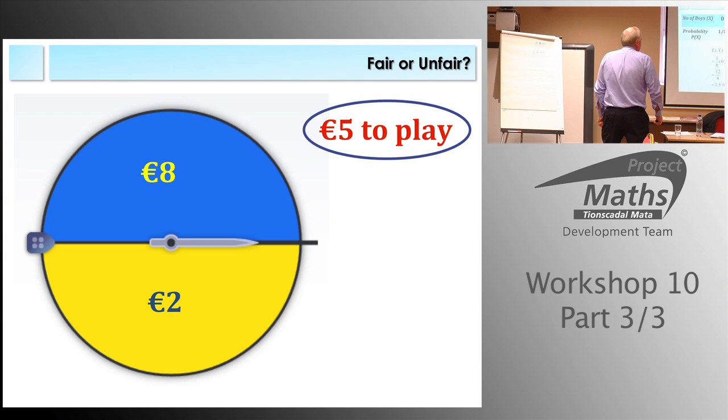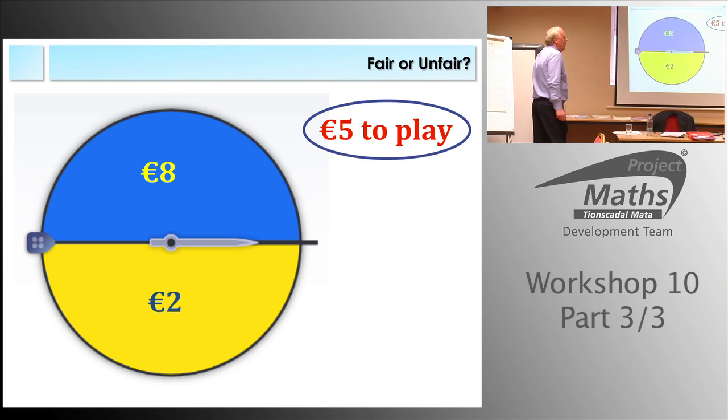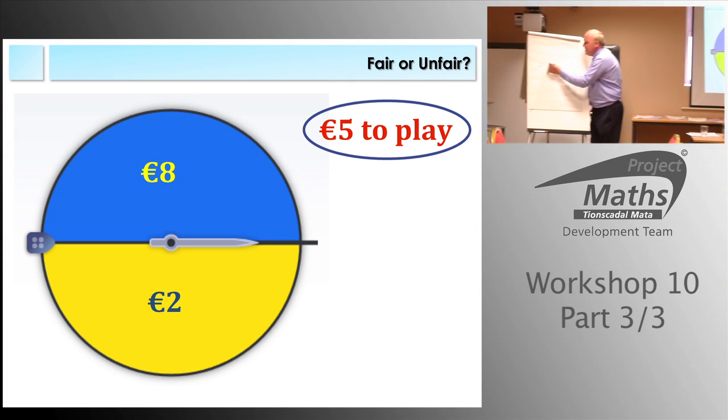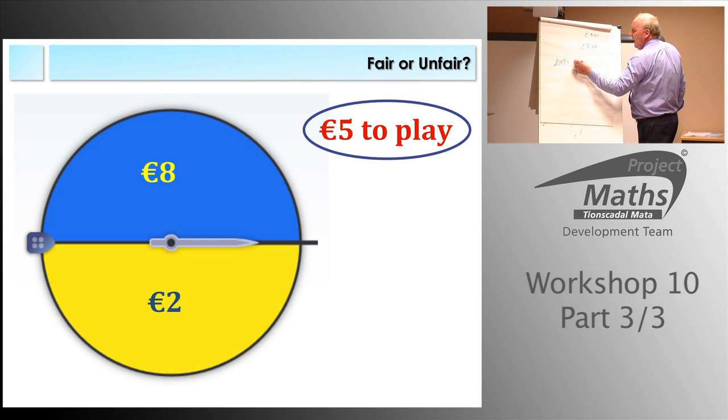Okay? Now, fairness, or unfair. Is that a fair game? So we need to look at this as part of things. So if I get its expected value there, and the expected value of x is 8, and I have a 1 in 2 chance plus 2, and I have a 1 in 2 chance.